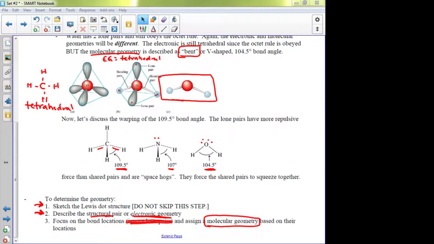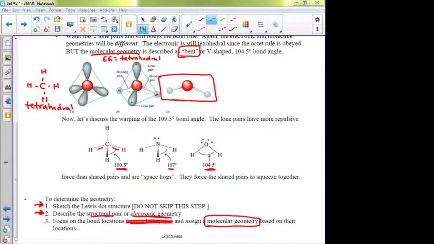So this dark line is to show that the hydrogen is coming out at you. The dash lines show that these hydrogens are going back. And then the line straight up just means that hydrogen's coming straight up.